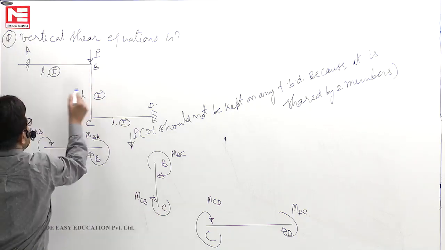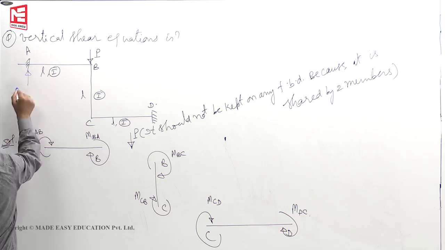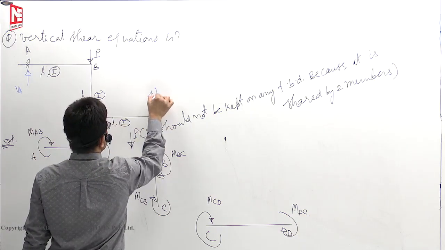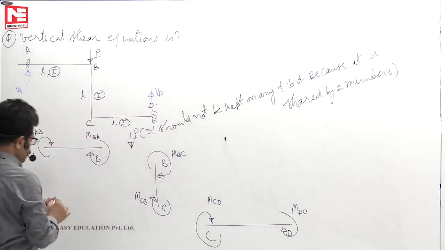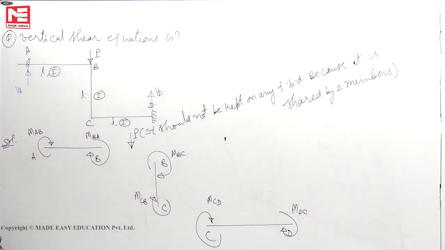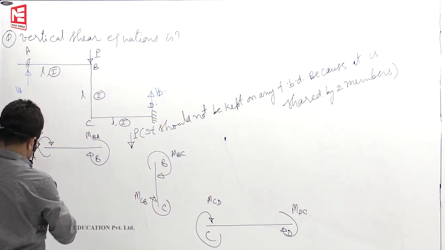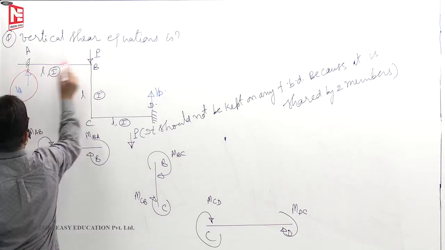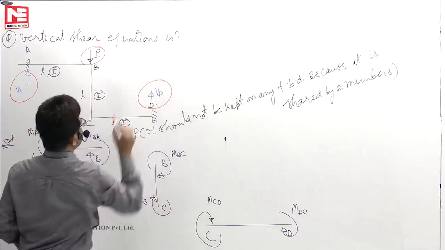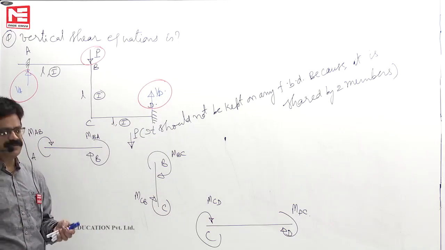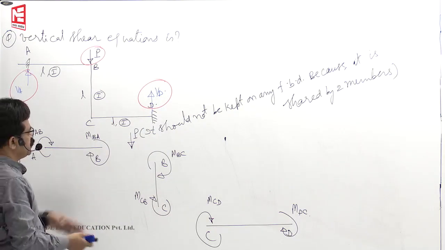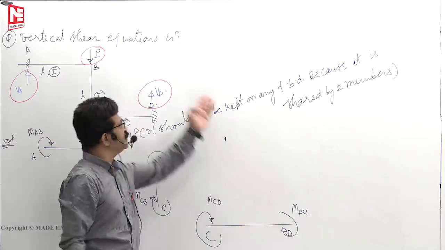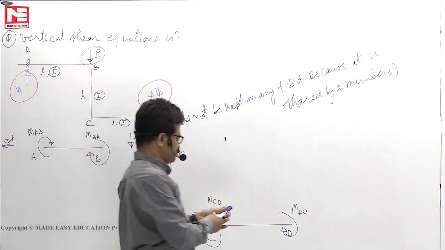When I am pushing it down, there will develop a vertical reaction VA. There will develop a vertical reaction VD. Whether moments developed or not, sigma y equals 0 means plus VA minus P plus VD, the sum must be 0. That is sigma y equals 0. That means here VA, VD you have to calculate and use it in the sigma y equals 0.